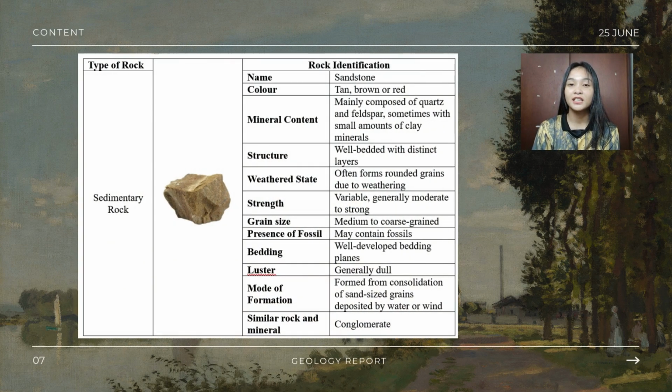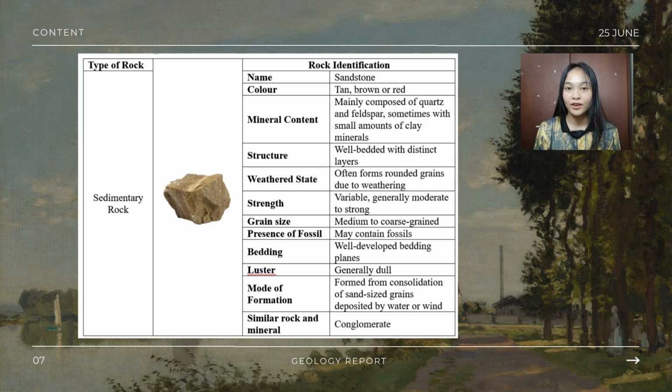Sandstone is a notable sedimentary rock. This rock varies in color, often appearing tan, brown, or red, and is primarily composed of quartz and feldspar, with occasional clay minerals. Sandstone typically exhibits well-bedded structure with distinct layers. When weathered, it forms rounded grains.